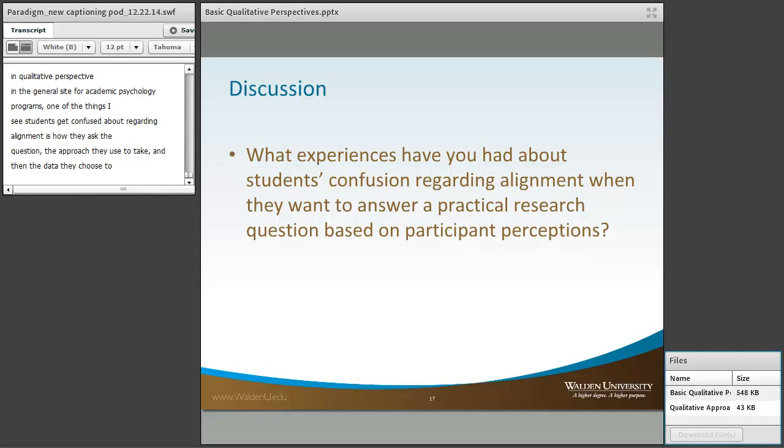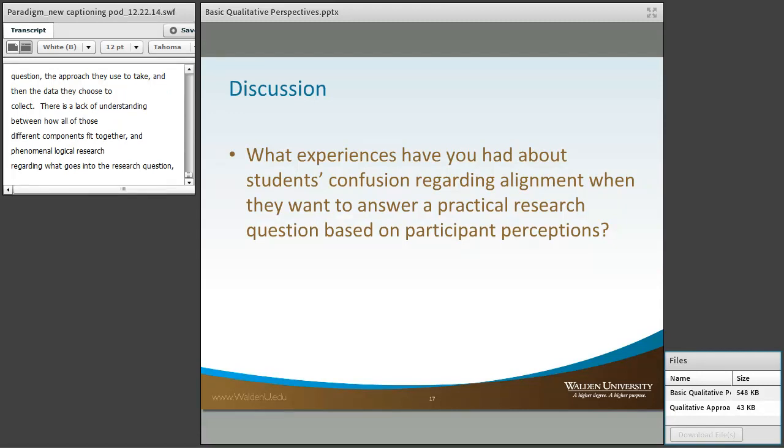There's a lack of understanding of how those different components fit together. And phenomenological research has a particular alignment with respect to what goes into the research question, the particular data collection methods, and the analysis plan.